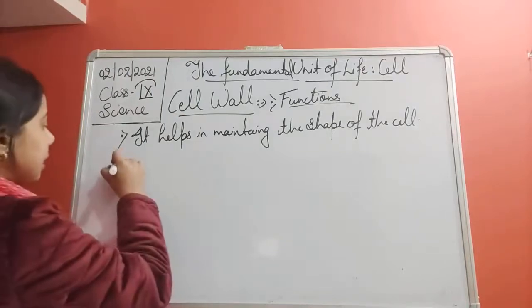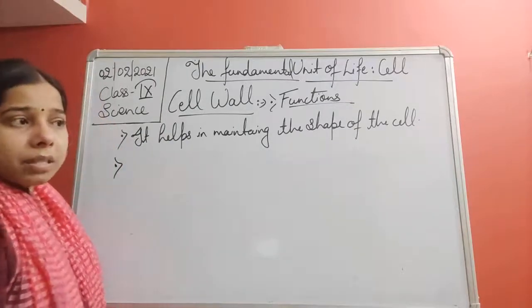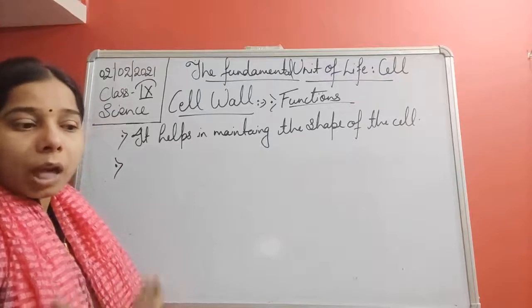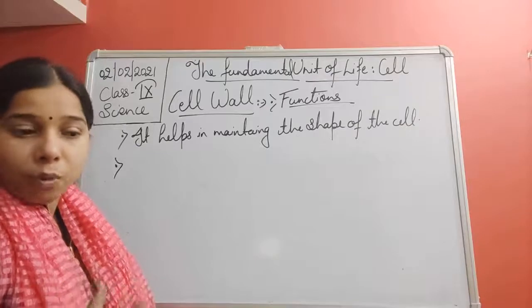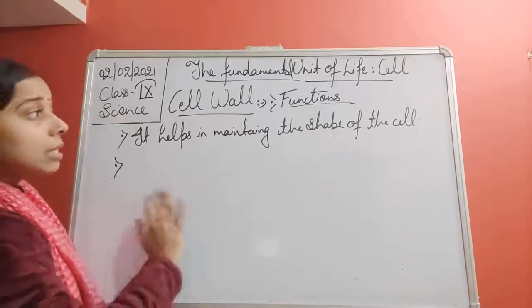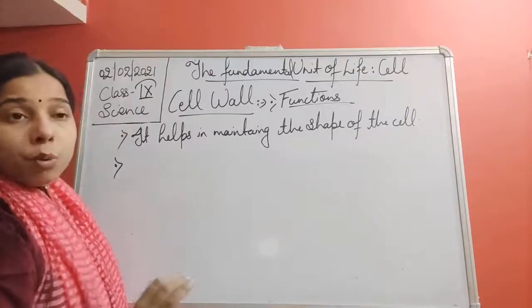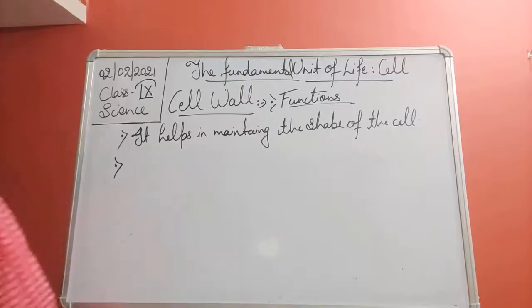Now, since it is present on the outer side, it acts as a protection. Like you see in animals, students, the outer skeleton provides protection and rigidity to the body. The same thing here: this cell wall is present outside, so it is like an exoskeleton which provides turgidity and rigidity to the cell.